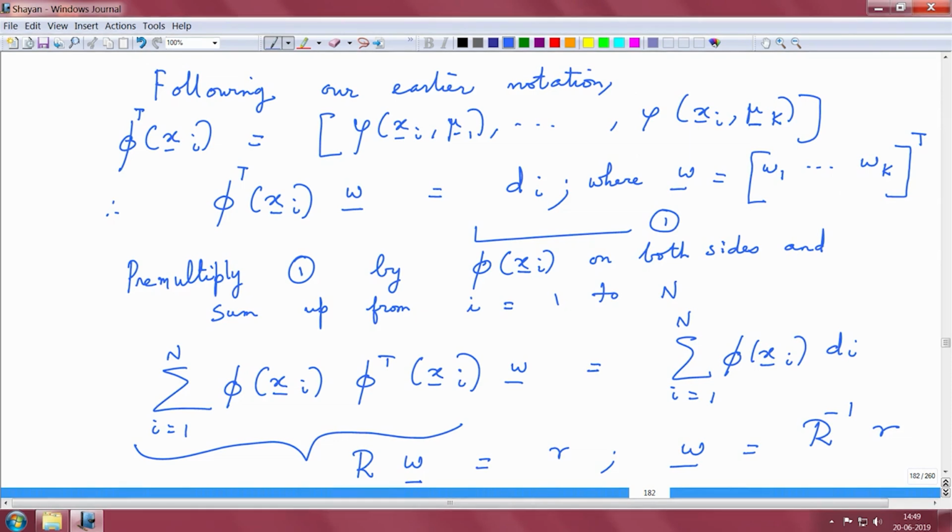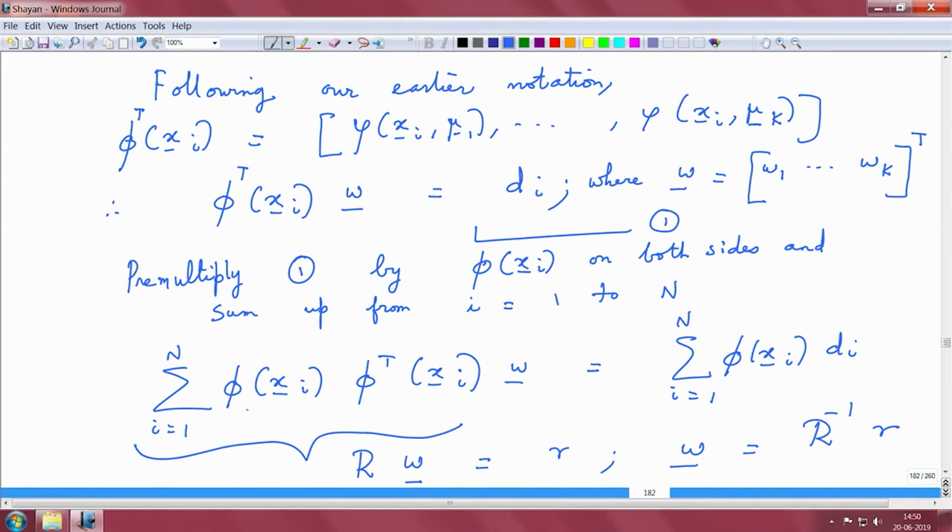Now what I have to do is pre-multiply this equation, phi transpose of xi times this vector W equals di, with phi of xi on both sides. That is, I pre-multiply equation 1 with phi of xi on both sides and I sum this over all the data points. What happens is pretty straightforward.